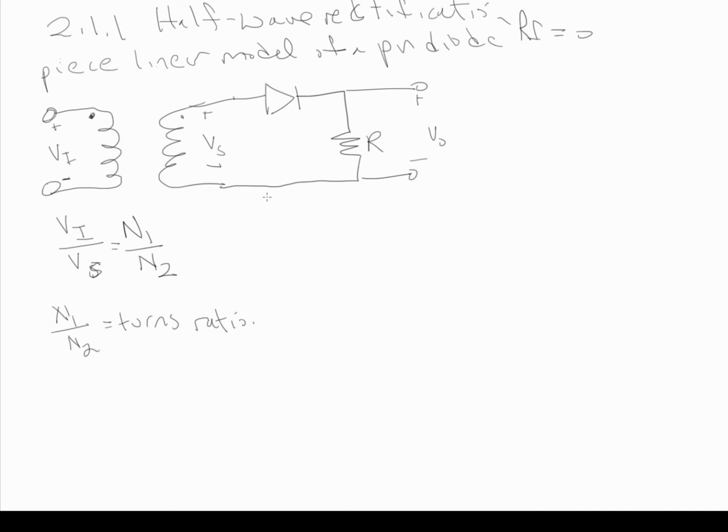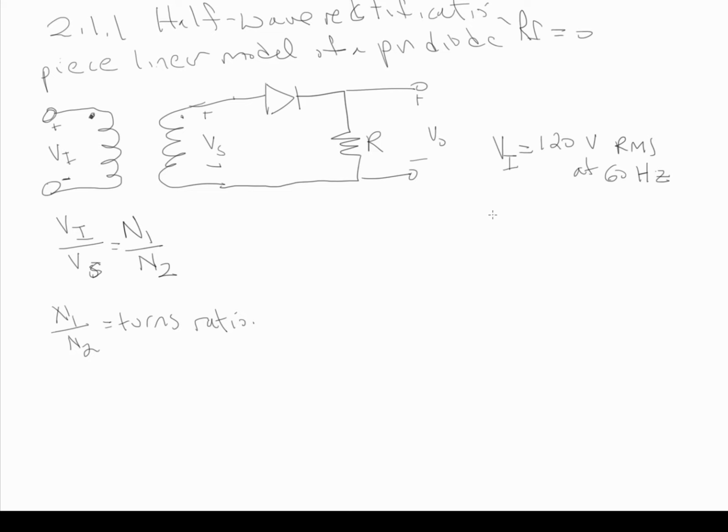It's going to be characteristic of a particular transformer that you buy. And V input is usually something like 120 volts RMS at 60 hertz. That's the typical wall socket in the United States.